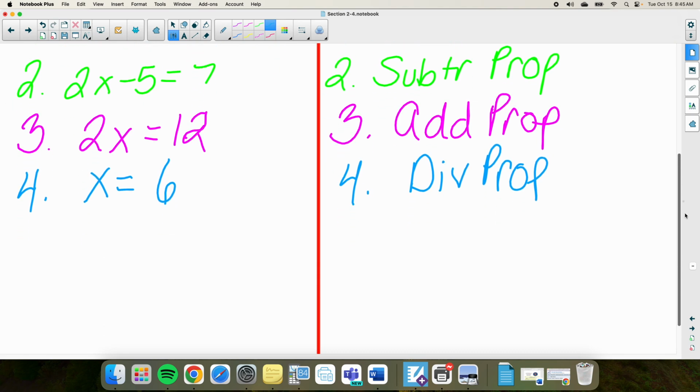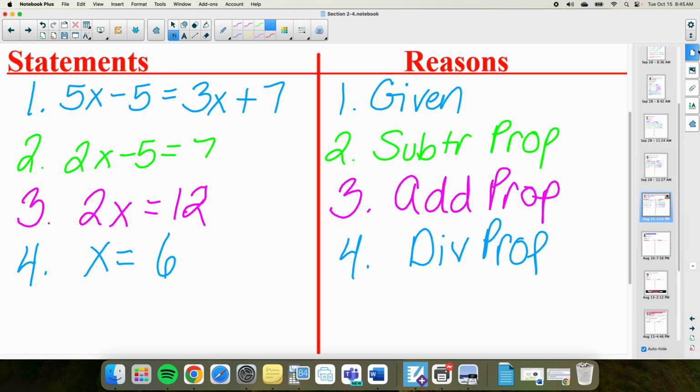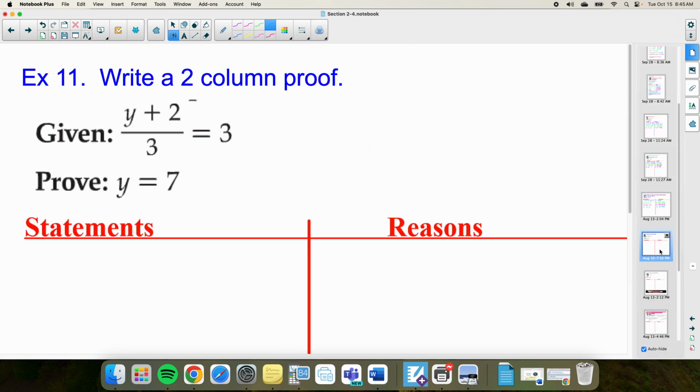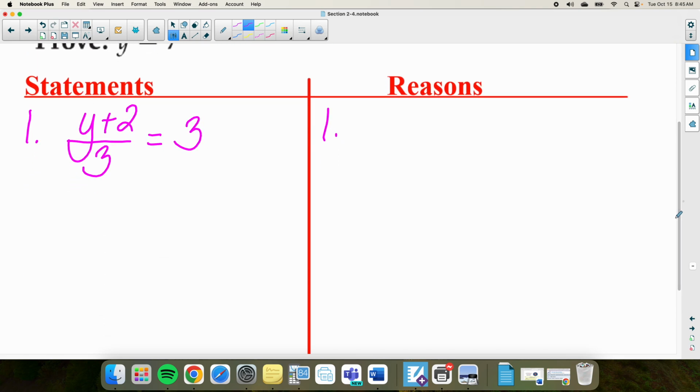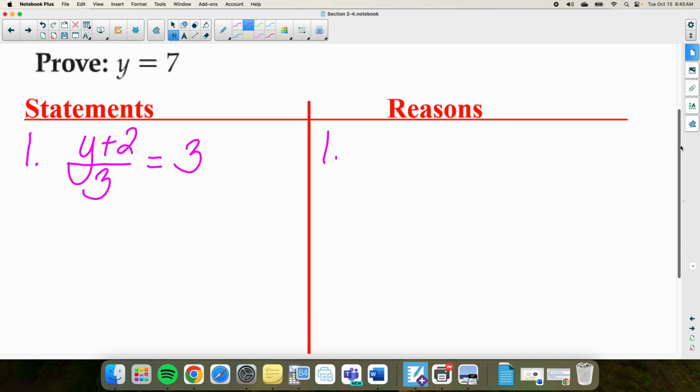Okay. All right, we have 2 more. So let's look here. And our first thing here is y plus 2 all over 3 equals 3. Okay? Y plus 2 all over 3 equals 3. And that is given.